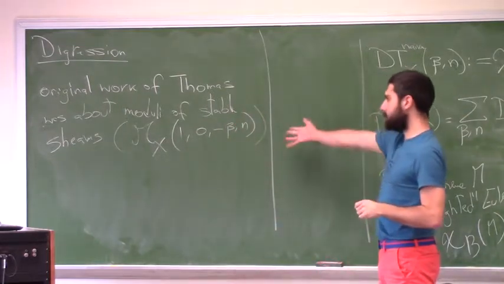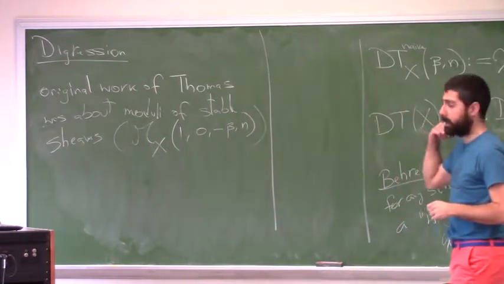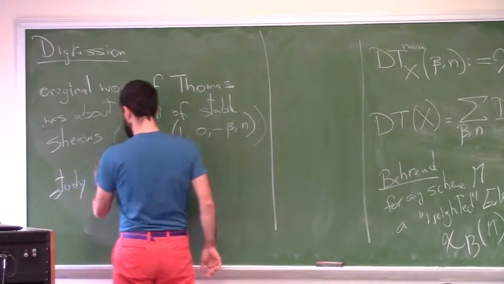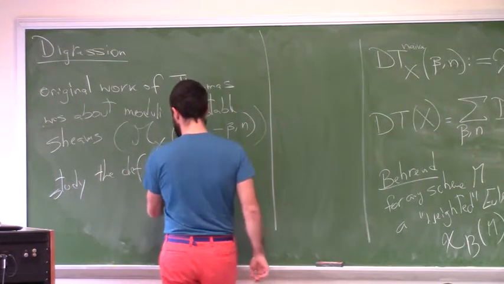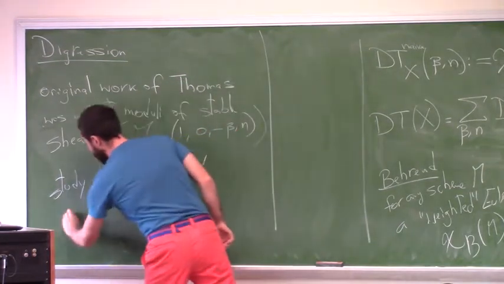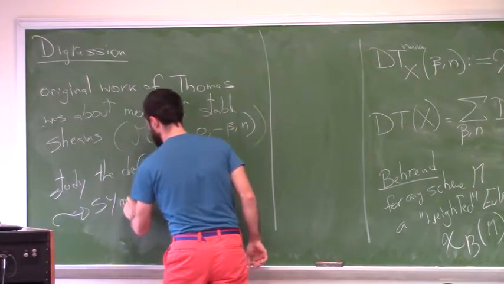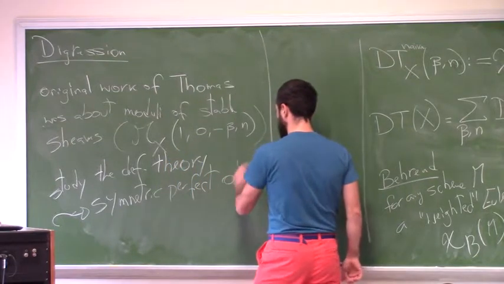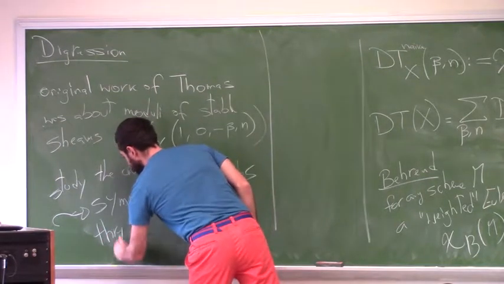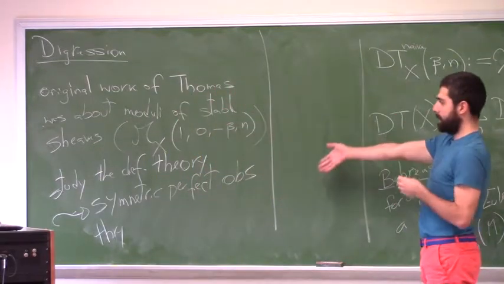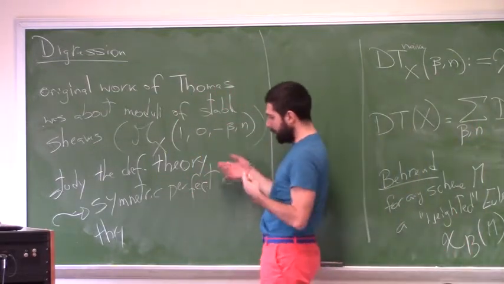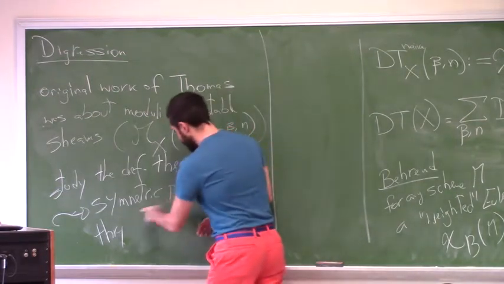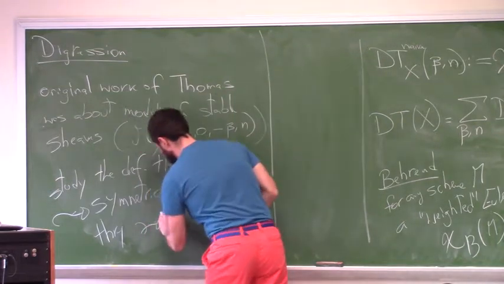This is the kind of moduli space you would consider instead of the Hilbert scheme. And if you study the deformation theory of this, you get what is called a symmetric perfect obstruction theory, which, if you know about Gromov-Witten invariants, these are the kind of words you throw in to define these virtual classes and then the Gromov-Witten numbers. So one of these things buys you a virtual fundamental class.